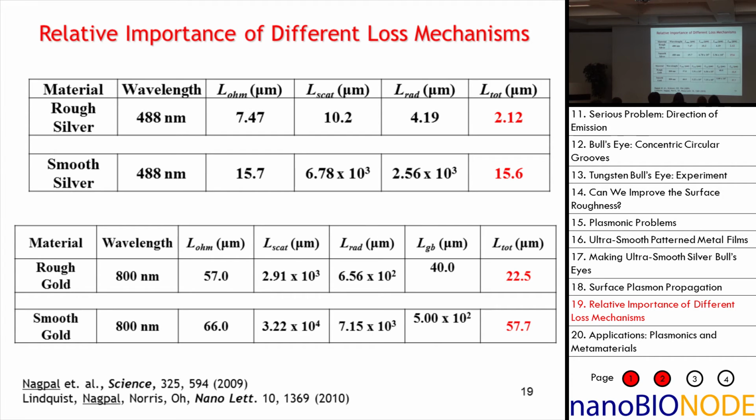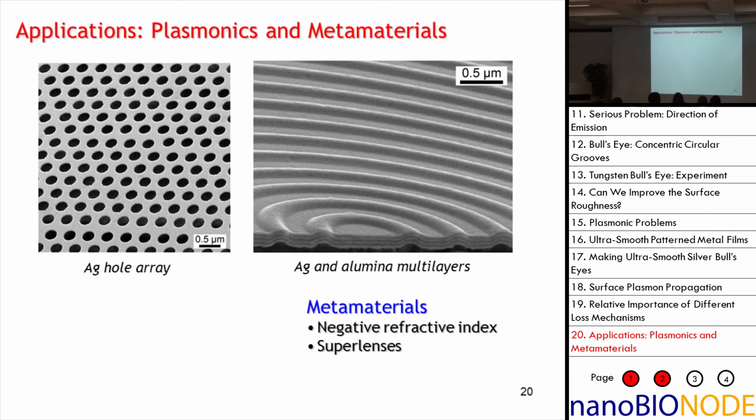A similar result was seen for gold too, where the plasmon propagation length was increased, but mainly because again, the scattering and radiation were not big loss mechanisms, but the grain boundary scattering in these tiny little 40, 50 nanometer gold grains was. So this can have important applications, as we showed, not only for plasmonics, but also for metamaterials. So you can create a variety of interesting structures.